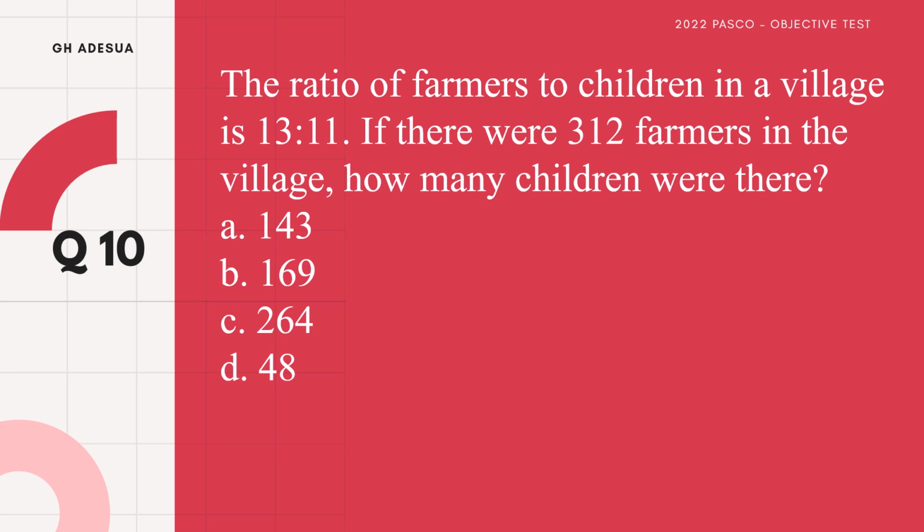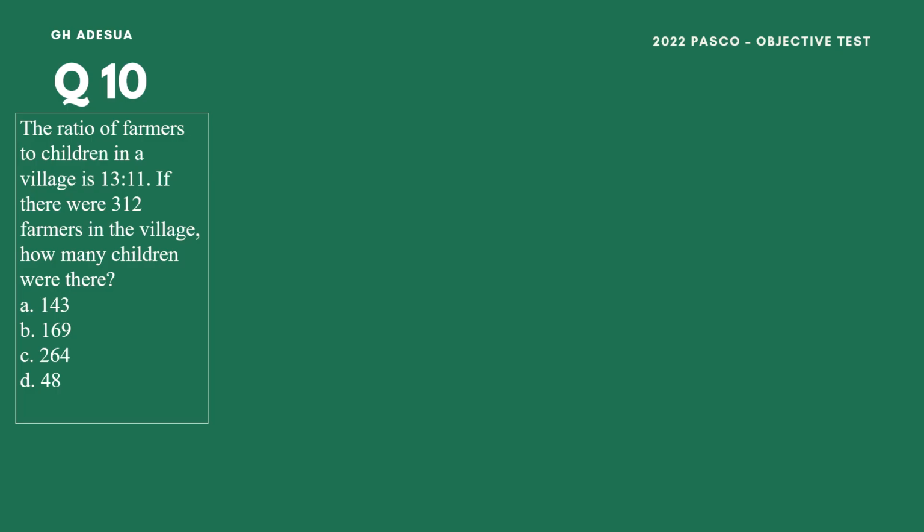So we now move on to our solution. If we have the ratio of farmers to children as 13 is to 11, and there were 312 farmers, how many children were there? By the ratio, 13 is for the farmers and 11 is for the children.